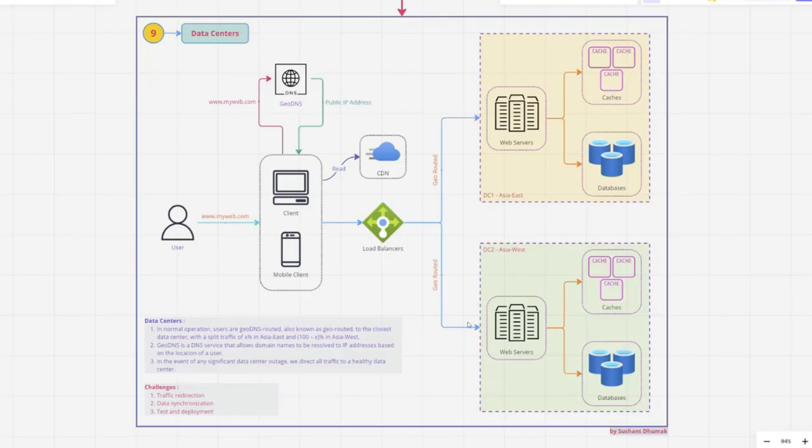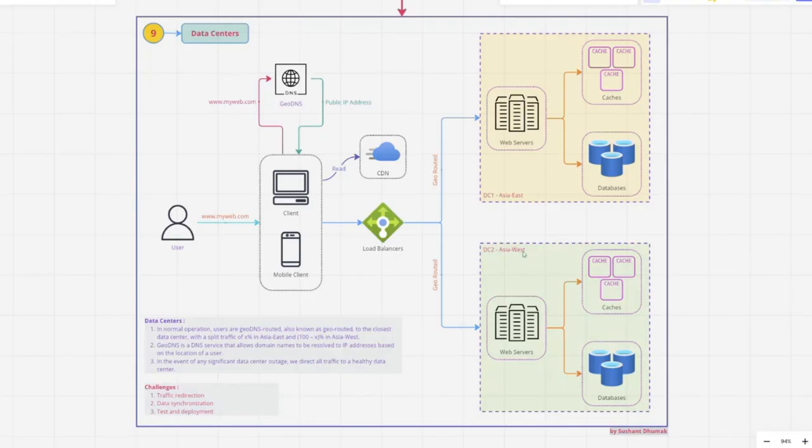If we type anything at our location, we will be routed to a data center which is closer to our location. And the reason behind having multiple data centers is, suppose any data center, due to events like flood, fire, earthquake or anything else, goes down, all the requests will be immediately routed to another data center, which may not be as close as Asia West, maybe some other location.